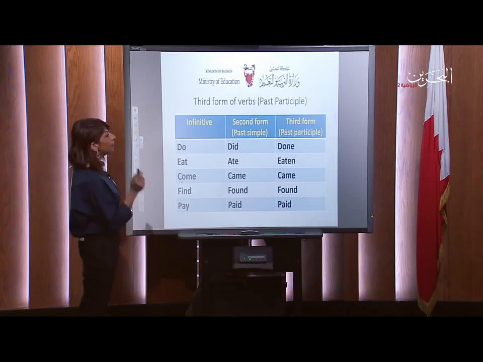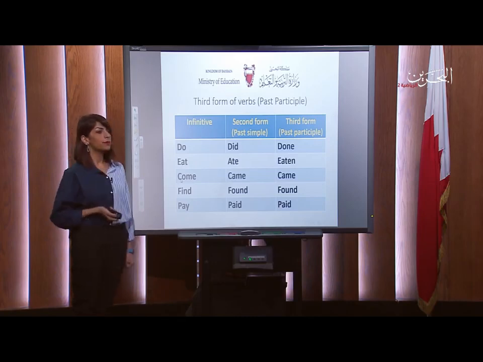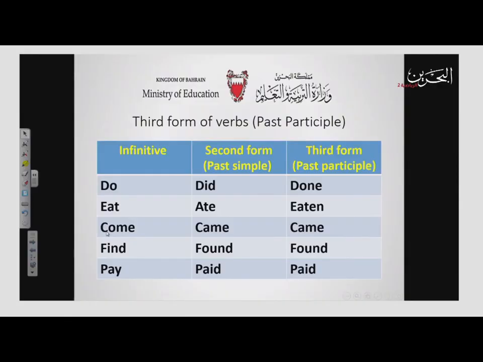Now we move to the third important thing, which is the third form of verbs, the past participle. And again, I'm sure that you have previously taken this, but again, we have to emphasize the use of the past participle, or let's say the third form of the verbs. These are some verbs that are usually taken. For example, do. The second form, the past simple, is did. And the third form, which is used in the passive, is done.